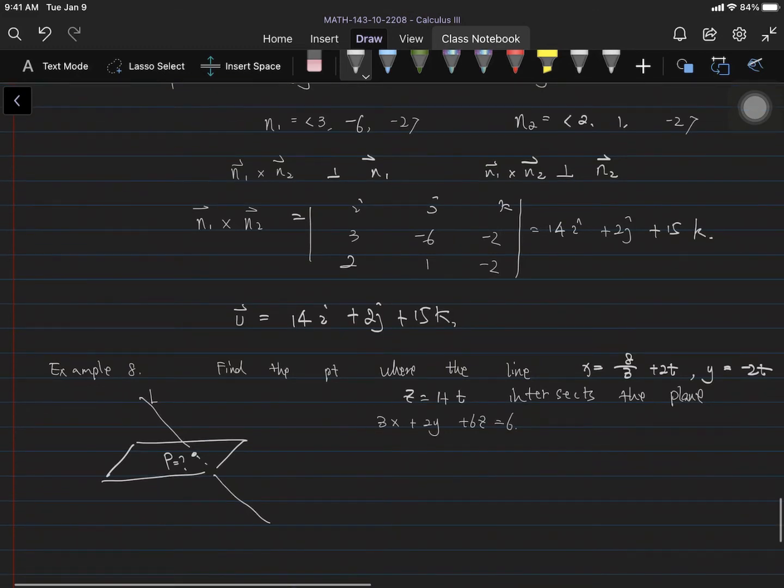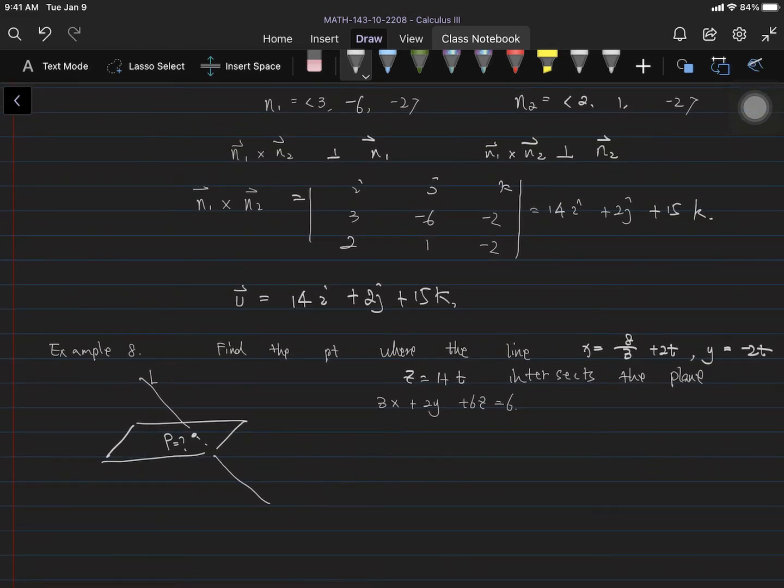How to find the point? The line is given by x, y, z, right? And when this line intersects the plane, x, y, z should satisfy the line equation. So we just plug the line equation into the plane.